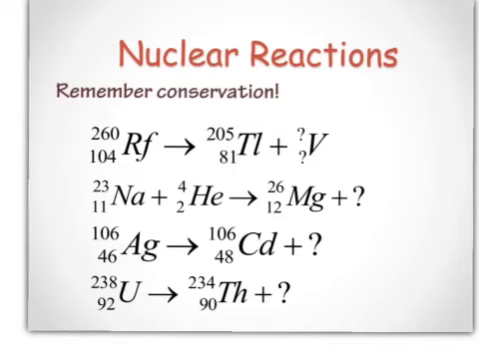So the mass number of this newly formed element must be 55. And for the atomic number or proton number, here we have 104, must be equal to 81 plus 23 here. So straight away you can determine these two unknown numbers. Very easy. You can do the rest.